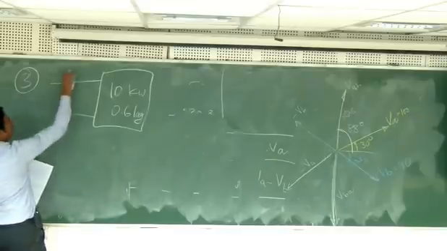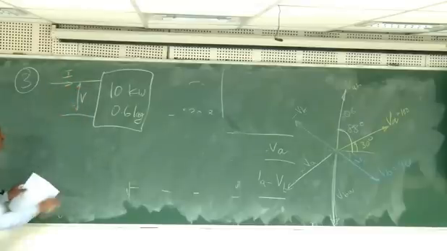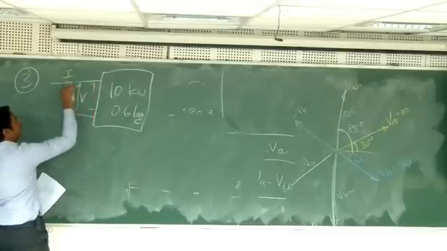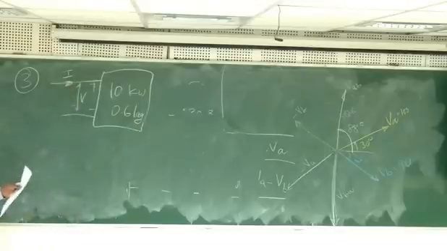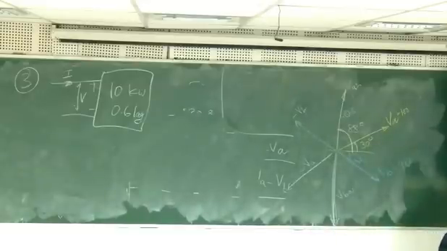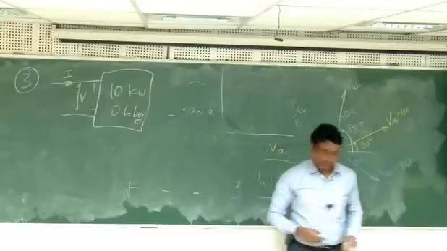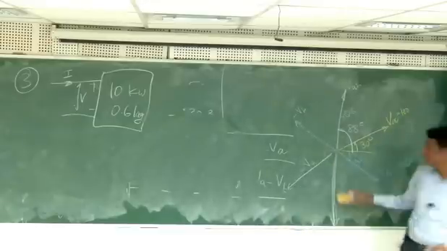This is the current taken and this is the voltage we are measuring. This is plus minus, and this is the direction of the current. So what is this power triangle? Have you heard about it before? What is power triangle?